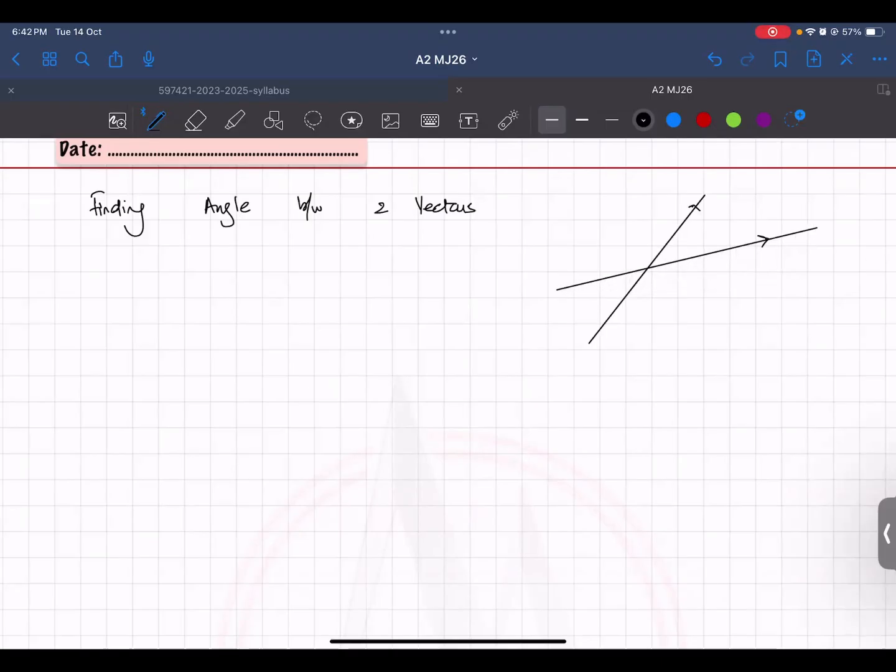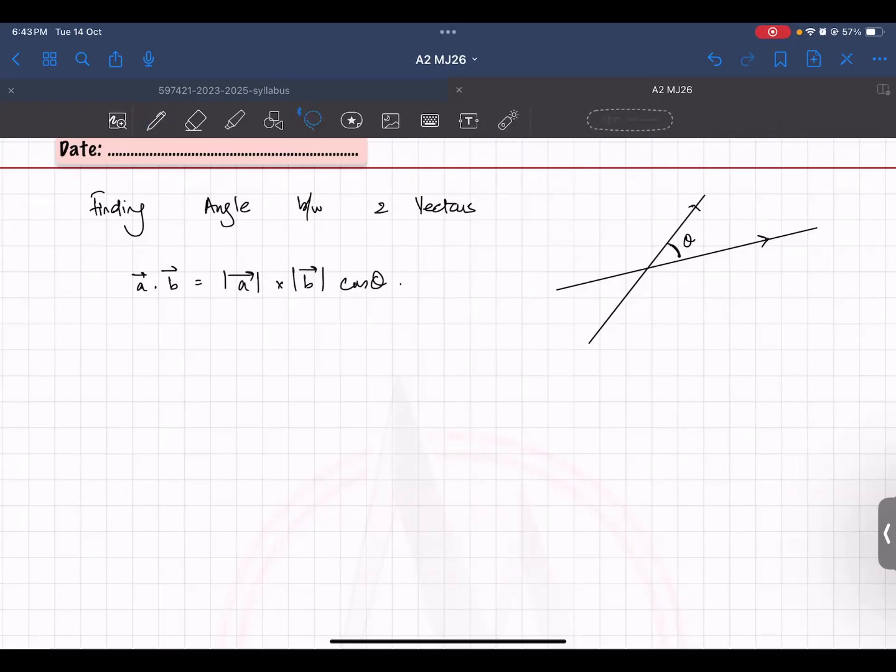It doesn't matter. It's a 3D thing. If you visualize it, your vectors may cross each other or may not, but they would have an angle between them. This is your theta. And how do you find this? Using the dot product: A dot B equals the magnitude of A multiplied by the magnitude of B into cos of theta, where theta is the angle between them.